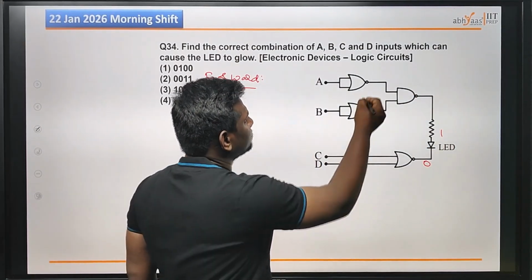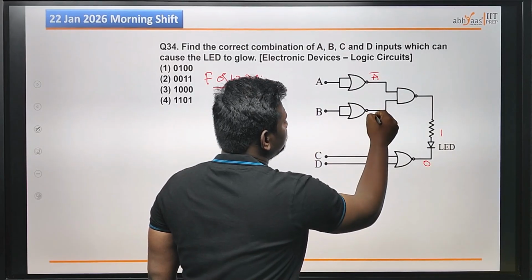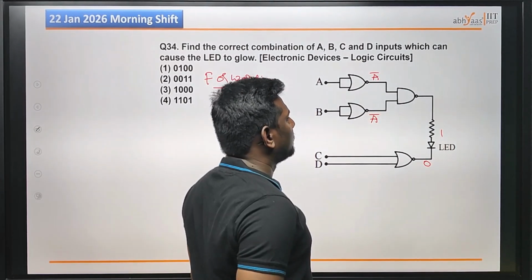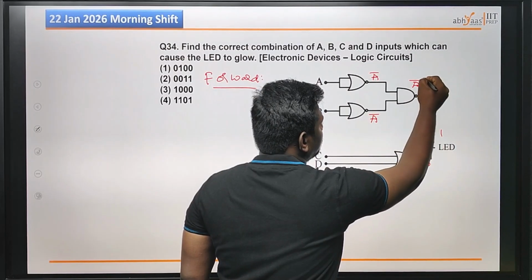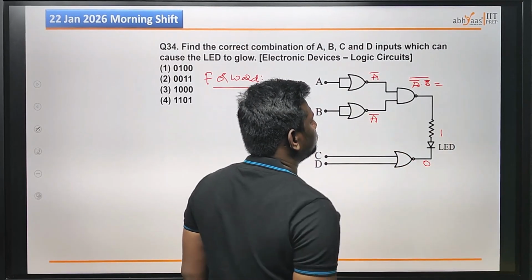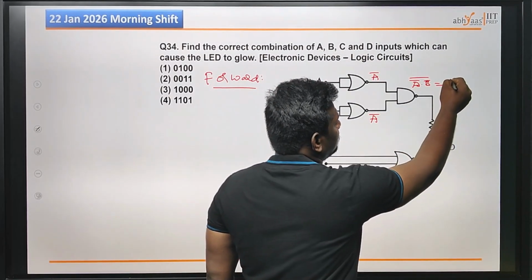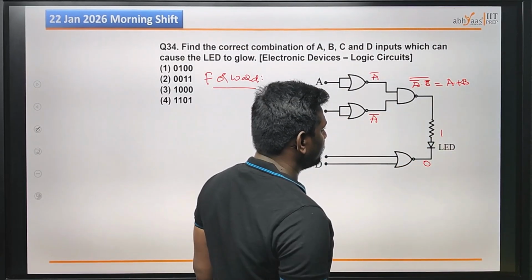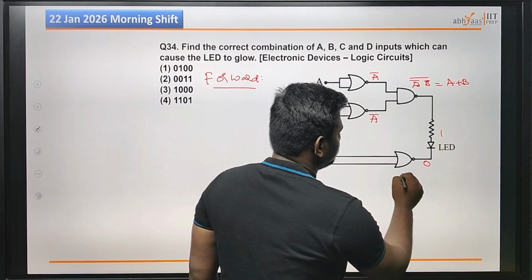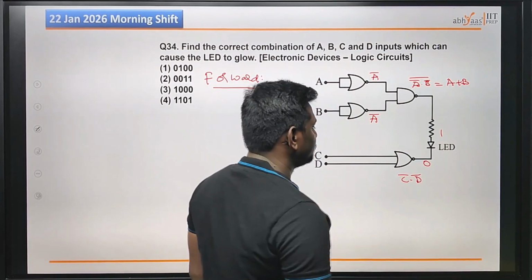If you observe, this is A bar, and what you are getting? A bar dot B bar whole bar. That's why you are getting A plus B. So in this output, how are you getting C bar dot D bar?